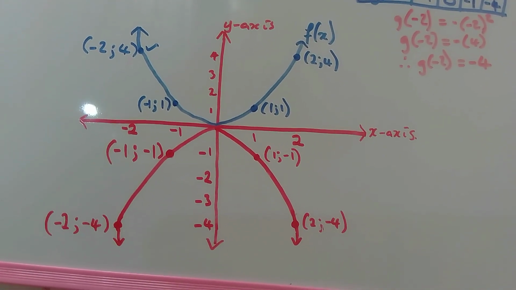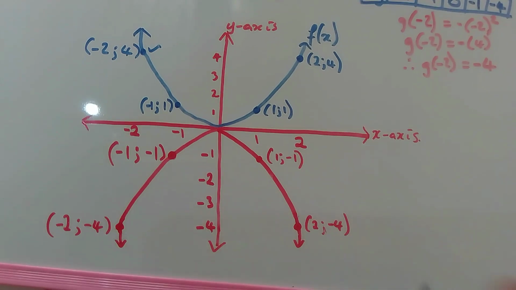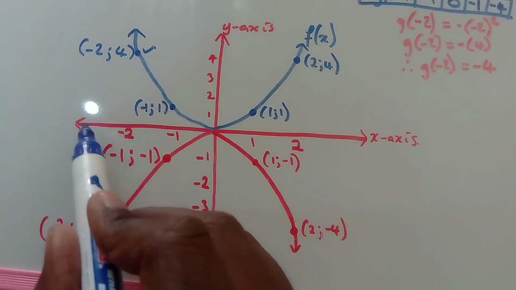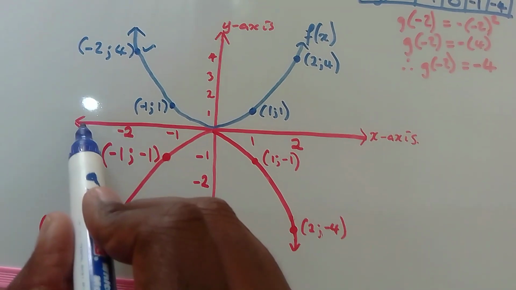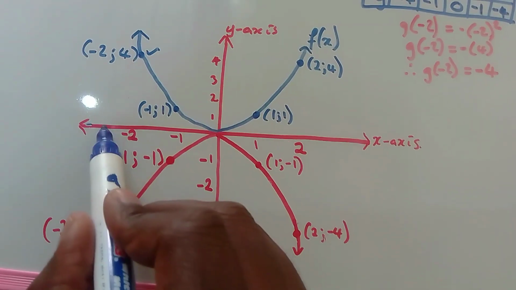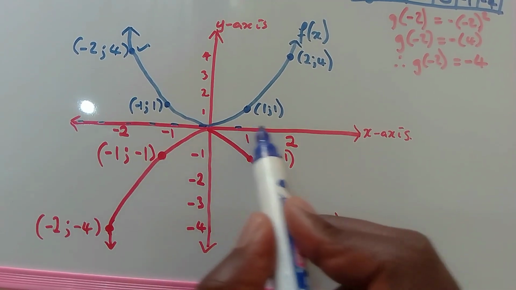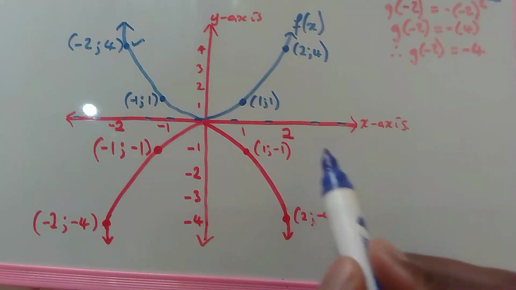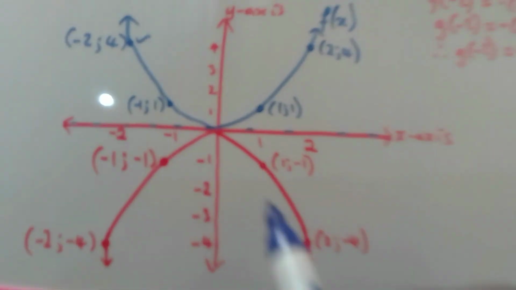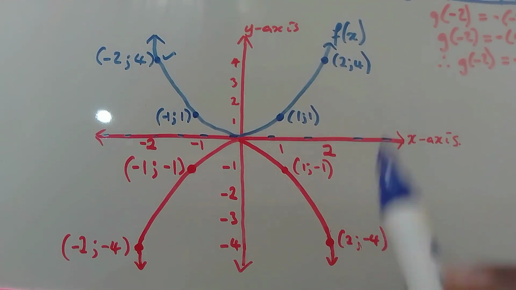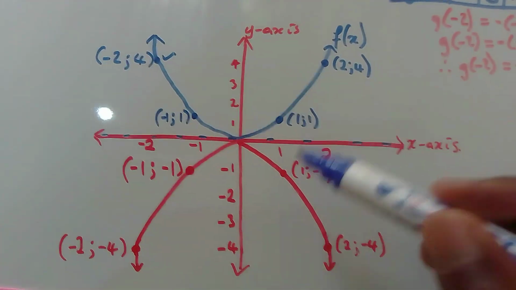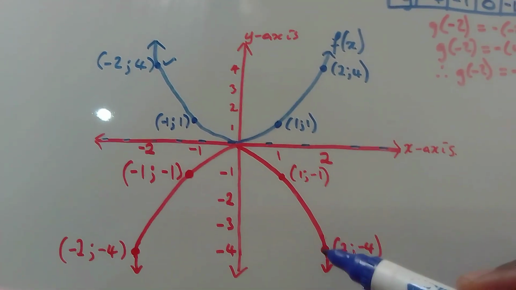Now, remember one thing which happens with the reflection. We must know where it is happening. So the reflection is happening here about the x-axis, meaning that this is what we call our mirror line. The x-axis is our mirror line. And when you reflect on the x-axis, what happens? Your x values don't change. What just changes is the y values.